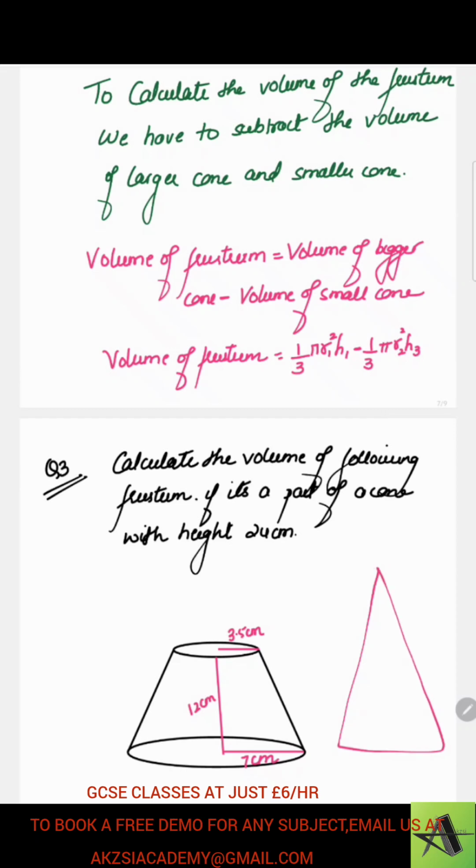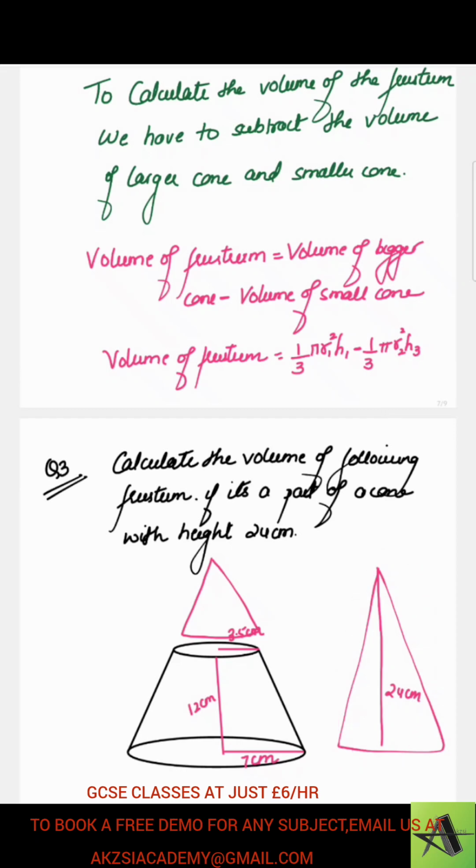And this cone has a vertical height of 24 centimeters, which means the smaller cone that we have already cut down, the height of that would be 24 minus 12. This is the height of the bigger cone.